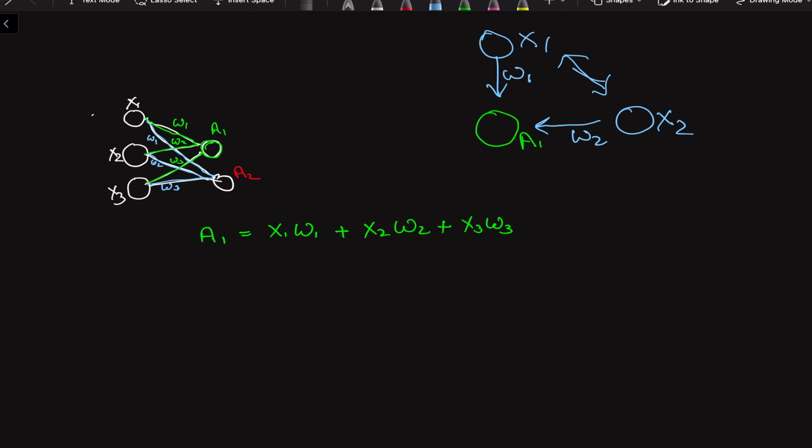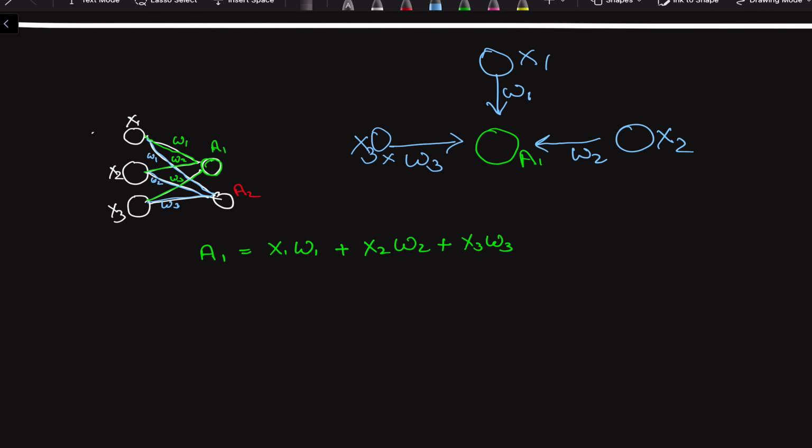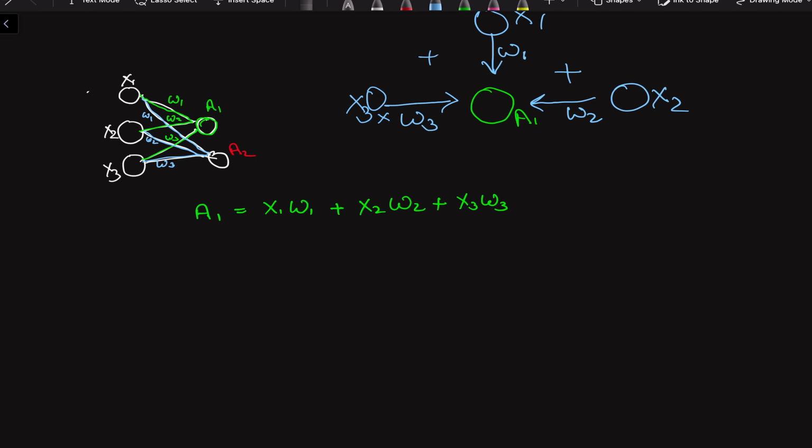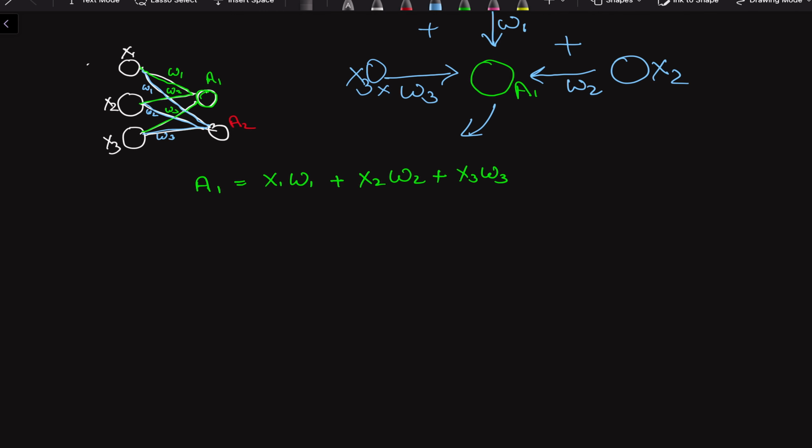They have no connection to each other whatsoever while sending in information. And w3 x3. So we take multiple of these and add all the terms that are feeding into the node. That is exactly what we have done here.